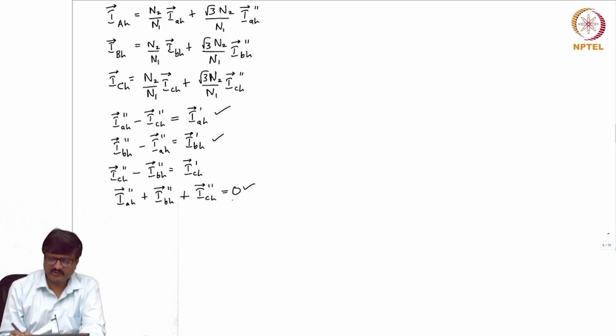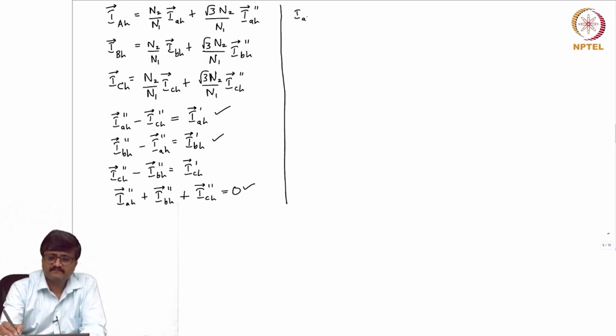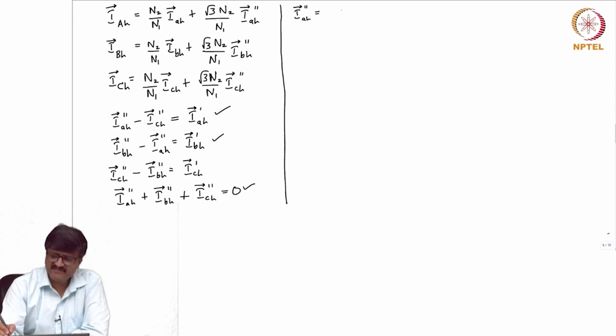So if you solve, what do you get? IAH prime minus IBH prime, by 3.